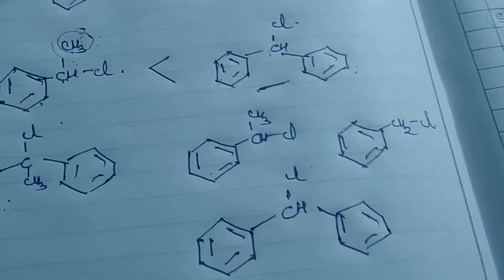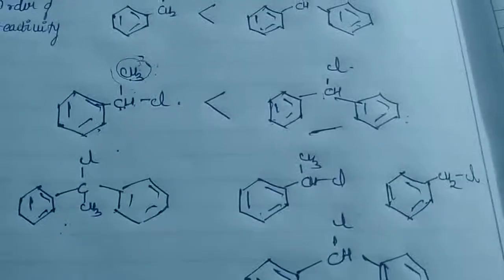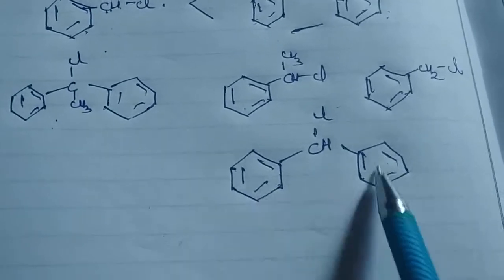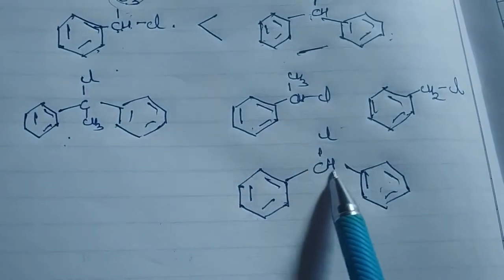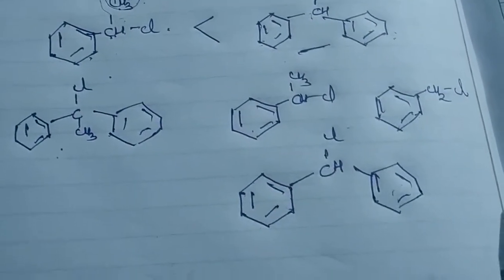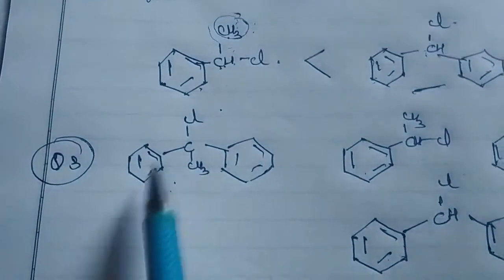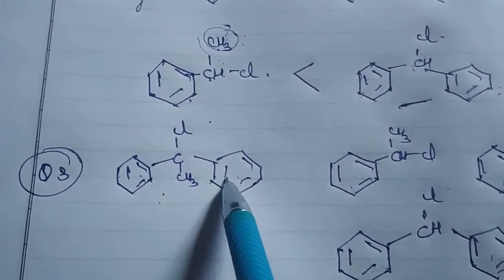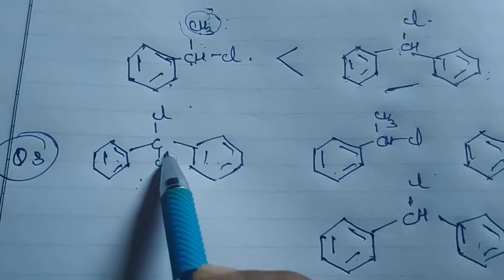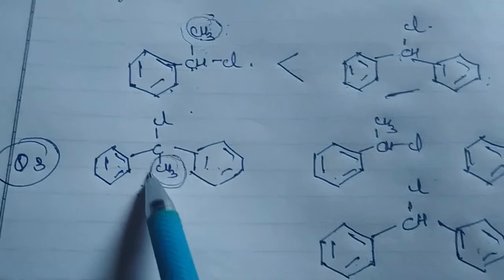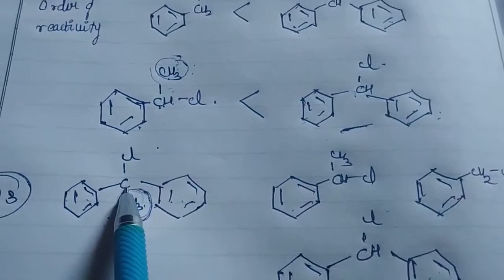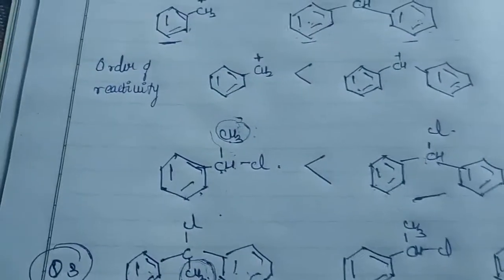Looking at this structure, along with the 2 phenyl groups which resonantly stabilize your carbocation, another group is hydrogen, which is not so important. In the other one, the 2 phenyl groups make the carbocation stable through resonance effect, and we also have another electron donating group, methyl, which is also going to stabilize the carbocation after ionization through its plus I effect.